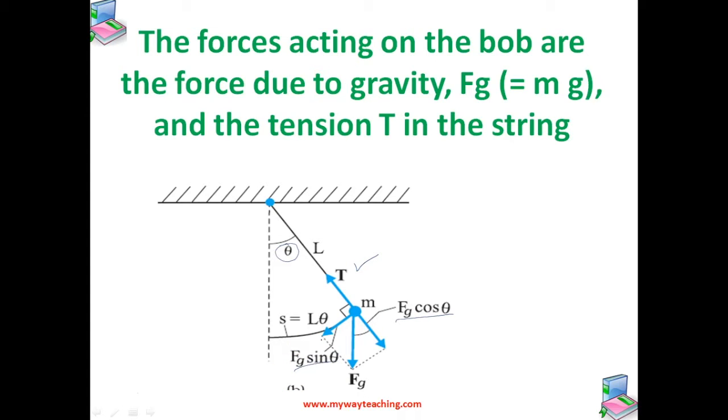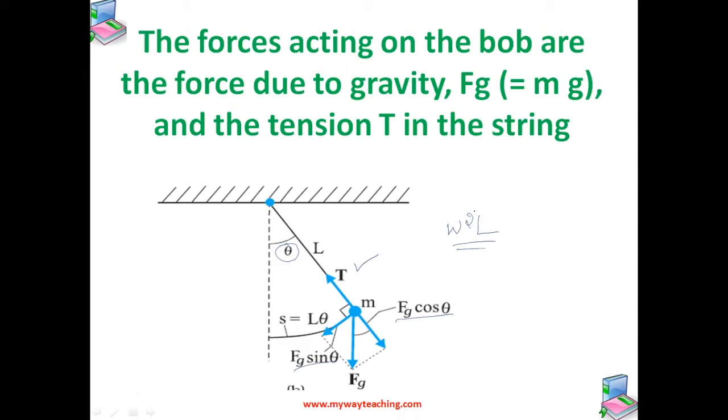And since the motion of the bob is along a circle of length L and center at the support point, the bob has a radial acceleration that is given by omega square into L, and also a tangential acceleration. This tangential acceleration arises since motion along the arc of the circle is not uniform.